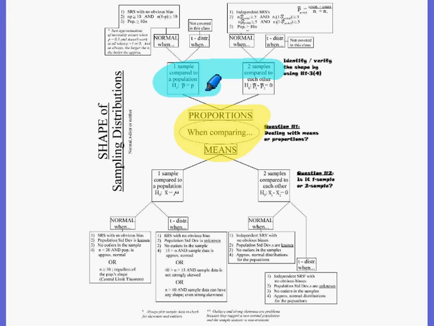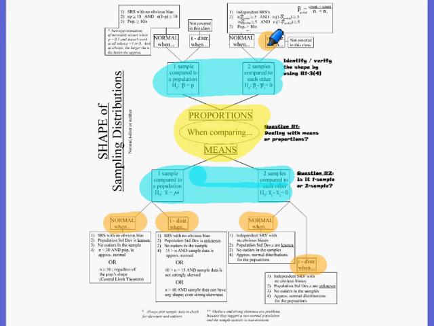After that, are we talking about one sample or two samples? And once we get past that, is it then a normal or a T distribution? This is the basic structure that we're going to be going through. And these boxes at the end of the tree are what you use to determine whether it's a normal or a T distribution.